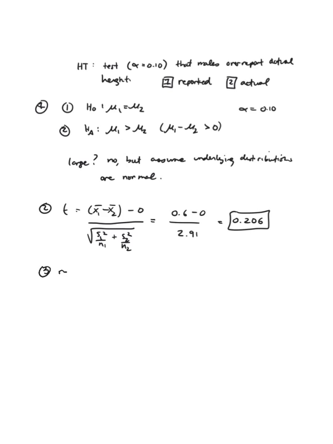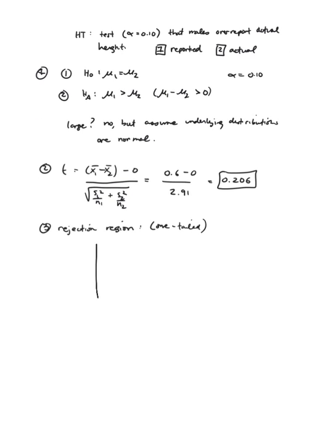We jump right into the rejection region, and I know I'm going very quick here, but there's a reason. Rejection region, it's one-tailed, upper-tailed. So what we're looking at is this t-distribution here. The upper tail contains 10% of the data.